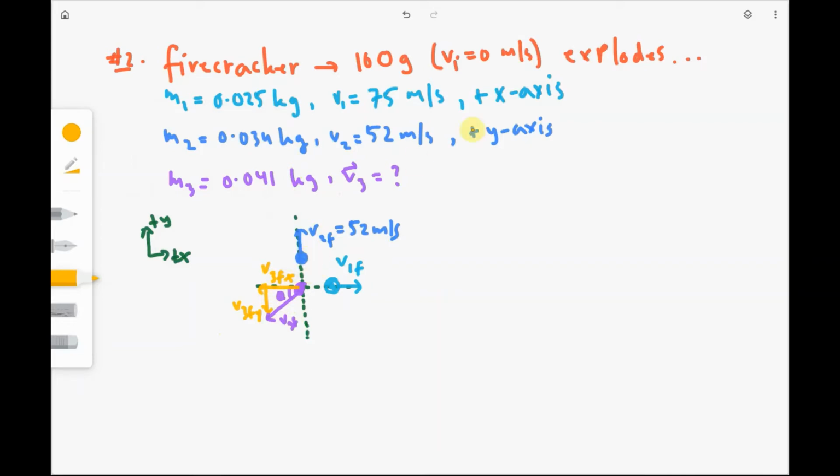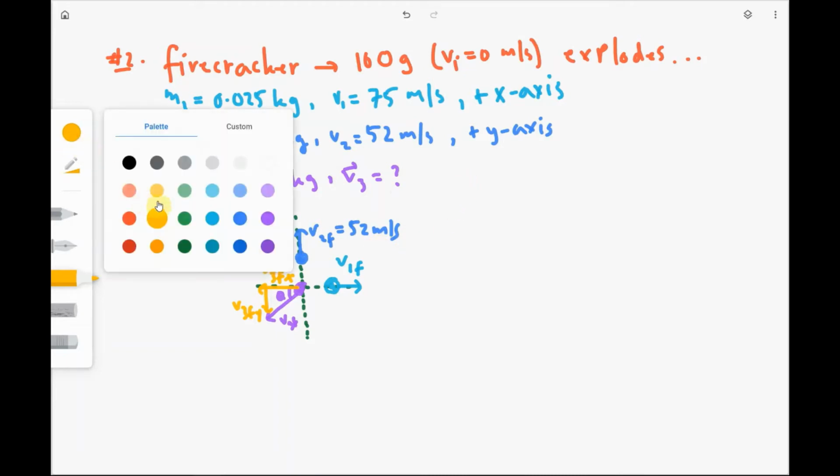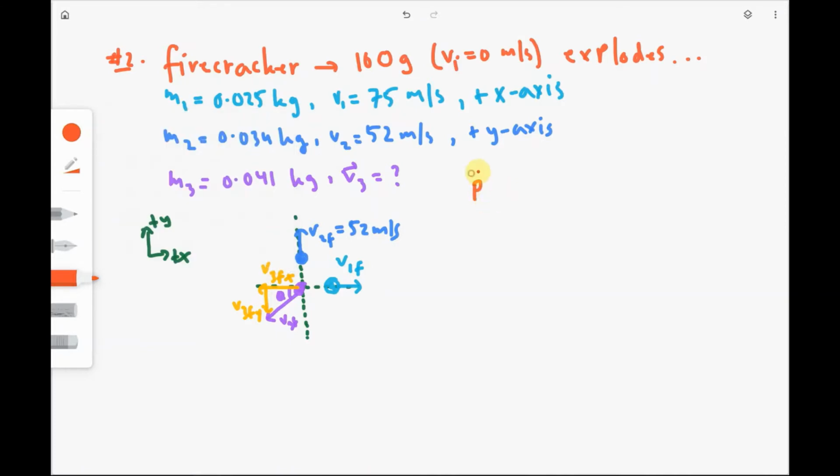Well, we know that in an explosion, external forces can be ignored. So we will have momentum conservation, that is, let's again be mindful of our colors. Momentum conservation means the initial momentum of the system will be equal to the final momentum of the system.